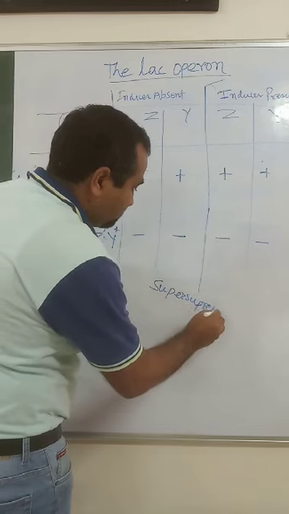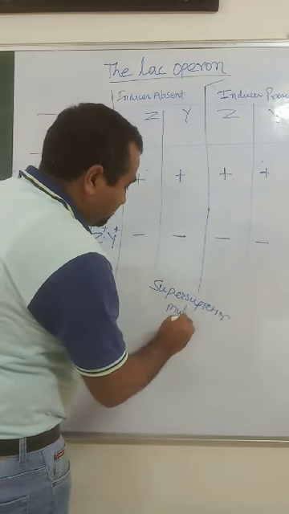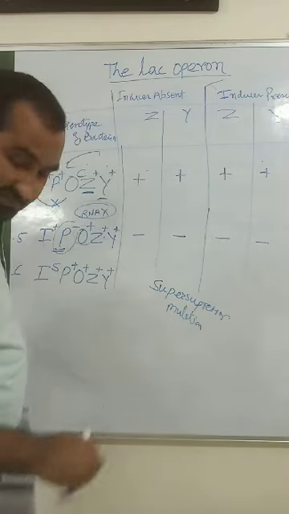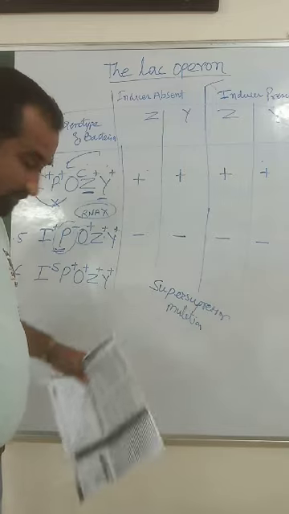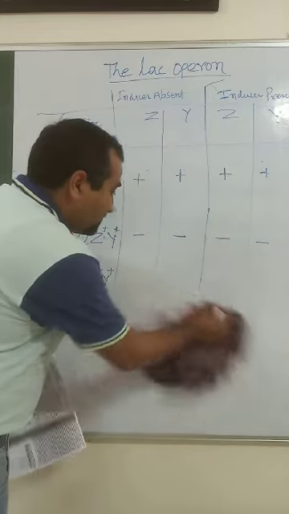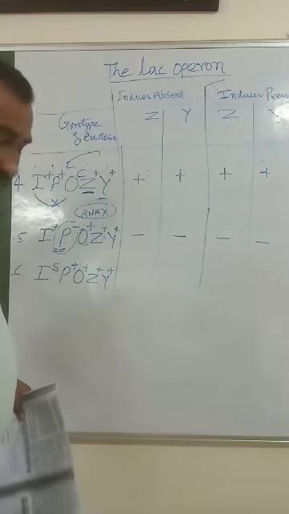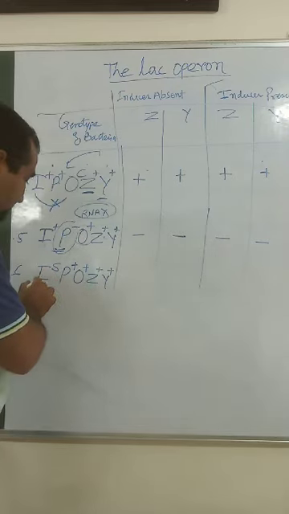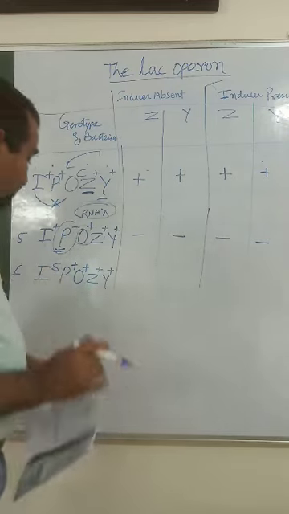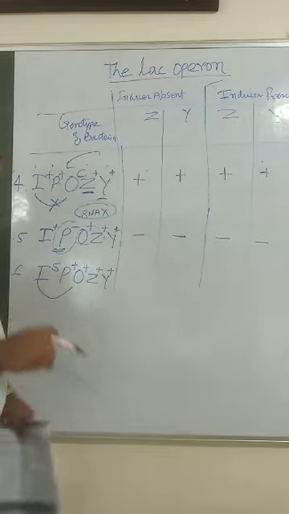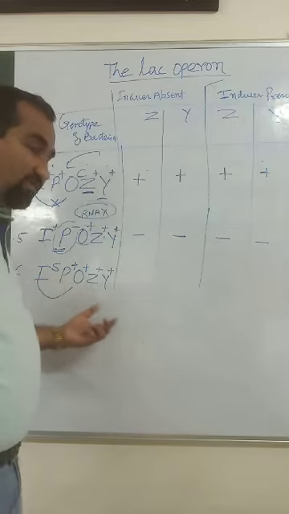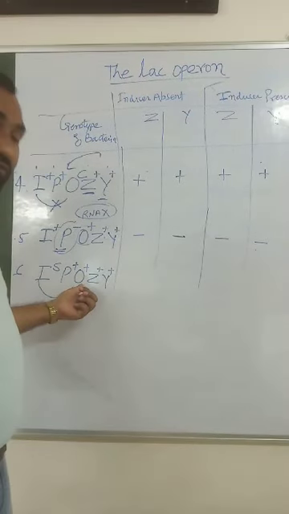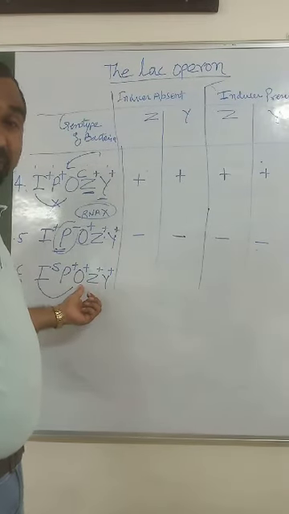That is when this type of mutation occurs on regulator gene, this regulator gene produces the repressor molecule, and this repressor molecule has increased affinity to bind over the operator sequence.